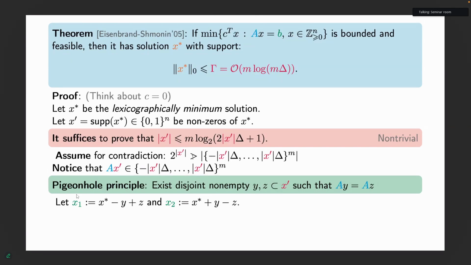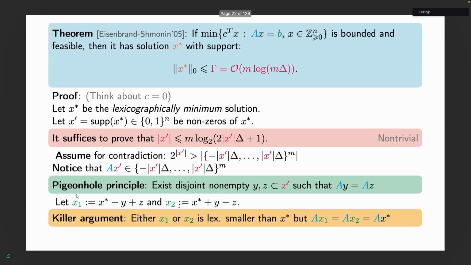So now I will construct two different solutions. This is x1. This is the solution when I take my x star, my lexicographically minimum solution, and I remove one of these vectors and add the other one, and the other solution will be the opposite one. And the killer argument is that one of them is smaller than x prime, because I remove one vector, so one of them must be smaller.